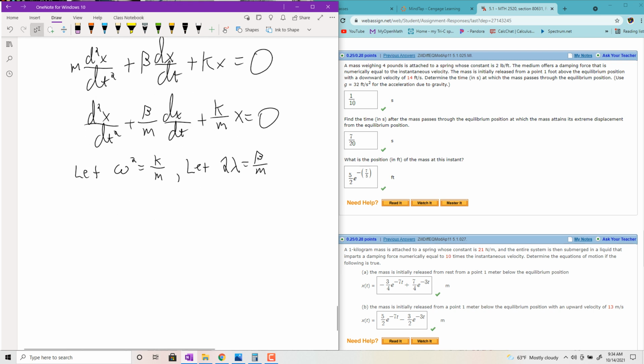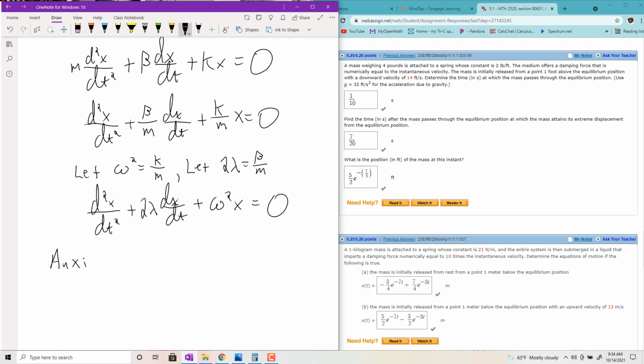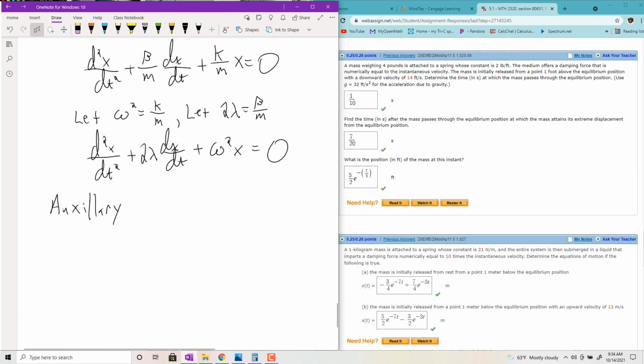Let me rewrite it in all of its glory. So there's our differential equation. The auxiliary equation, or whatever it's called, the characteristic equation, let's get that so we can see what happens when we're trying to solve this thing. Again, there's going to be the 3 cases, the repeated root case, the distinct root case, and the imaginary root case.